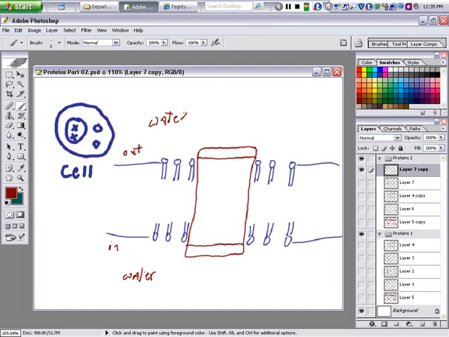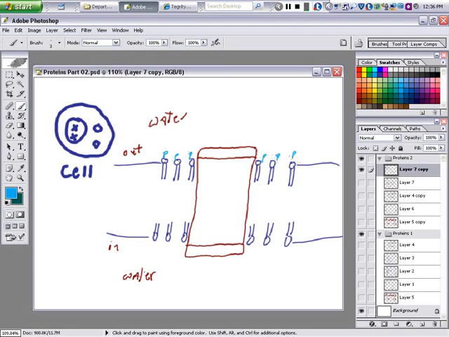Now, is water hydrophobic or hydrophilic? Hydrophilic. Okay, so the heads on these phospholipids on the outside of a cell, do they need to be polar or non-polar? Polar. They need to be polar because they need to dissolve in water. So all of this needs to be polar because that's where water is.